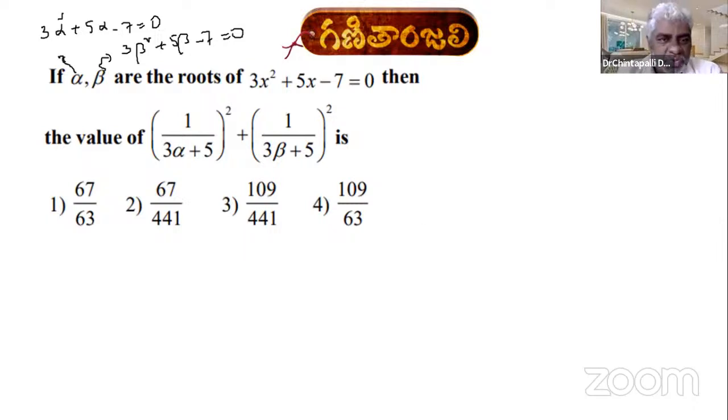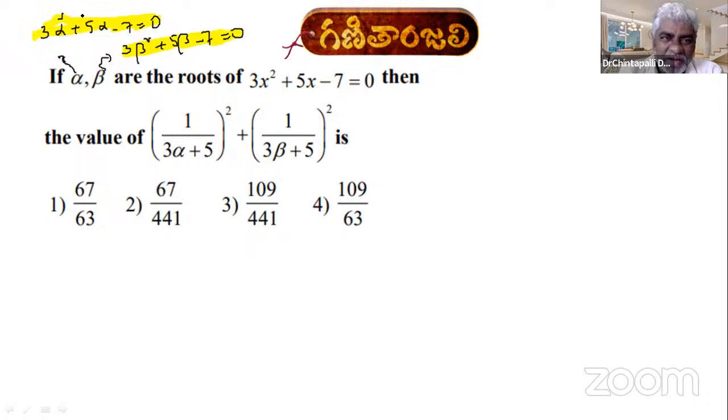Do remember that the key point in the solution of this question is we can use 3 alpha squared plus 5 alpha minus 7 is equal to 0, and also 3 beta squared plus 5 beta minus 7 is equal to 0. Now coming to the point, what is asked in this question? It is 1 by 3 alpha plus 5.